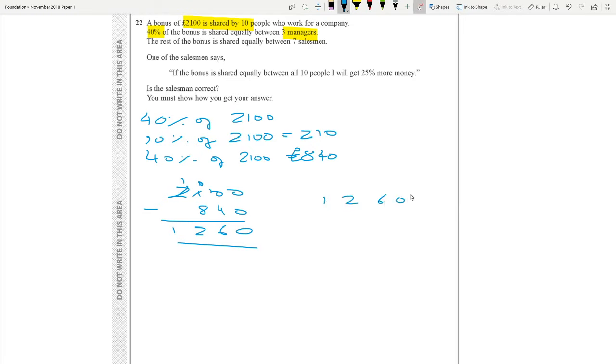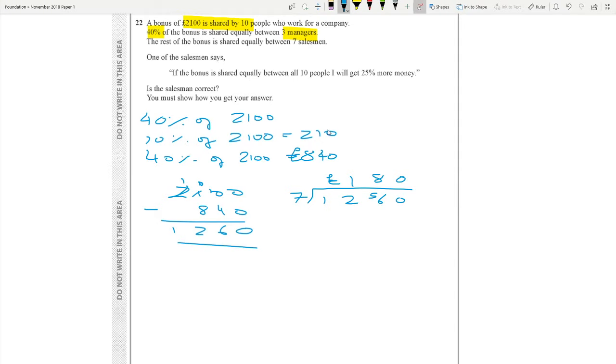Do 1,260 divided by 7. 12 divided by 7 is 1, remainder 5. 56 divided by 7 is 8. 0 divided by 7 is 0. So the salesmen each get £180.